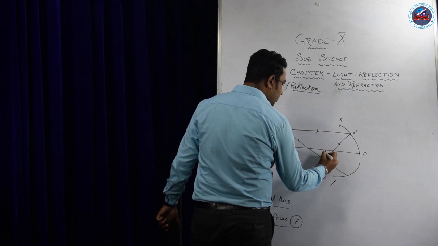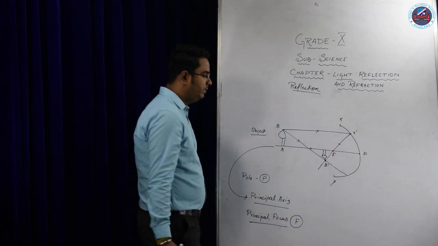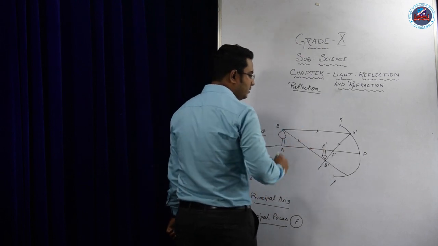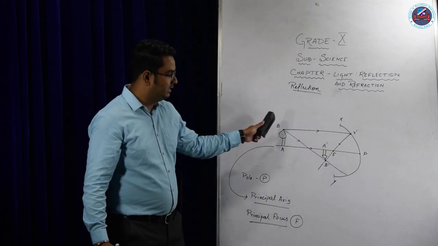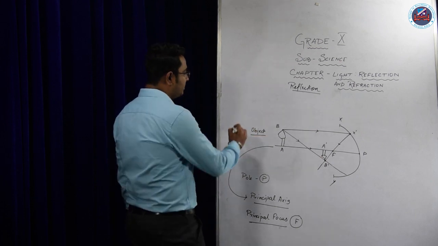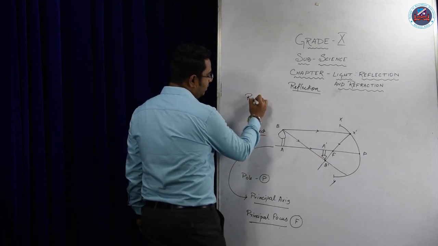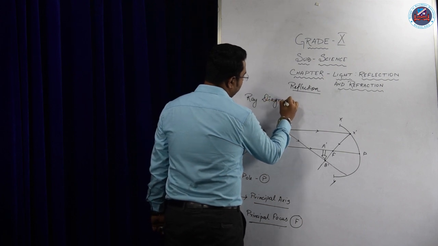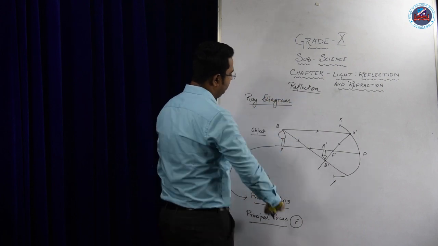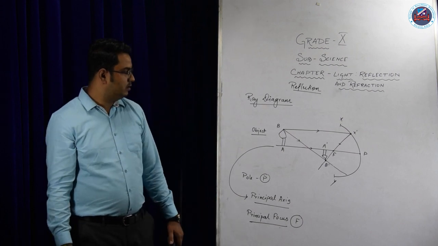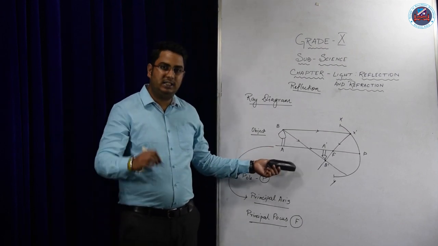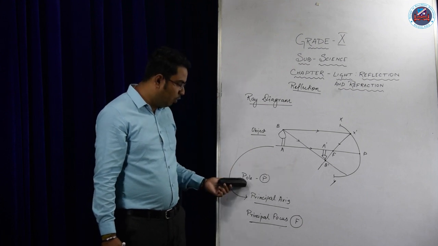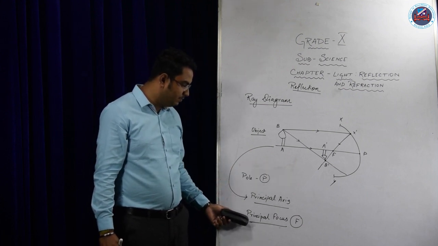I am marking it as A dash, B dash. And this whole diagram is called a ray diagram. In this ray diagram, the terms which we have used till now are pole, principal axis, principal focus.